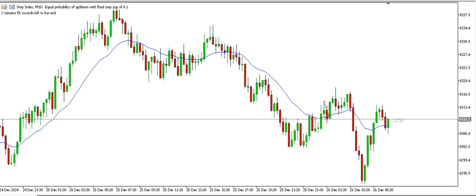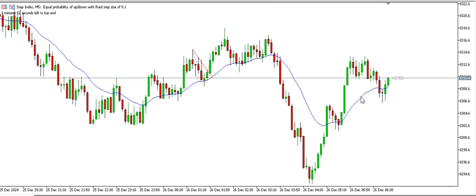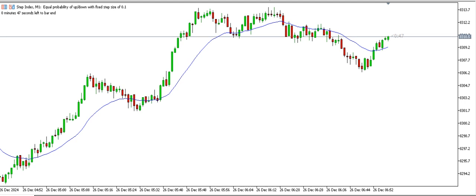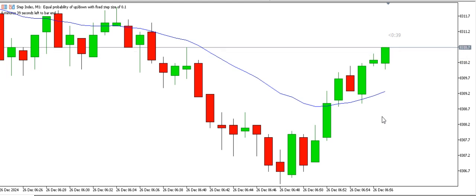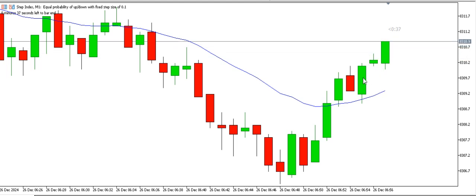Then on the 15 minutes time frame, ranging. On the 5 minutes time frame, ranging. But on the 1 minute time frame, in line with the 3 clear candle formation above or below the 21 EMA, it's buy.